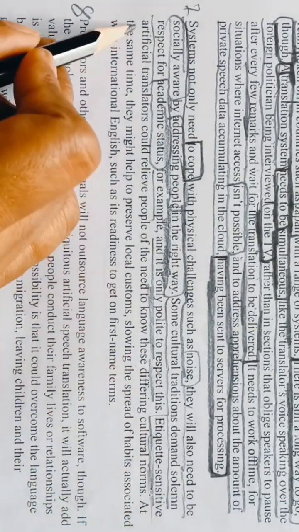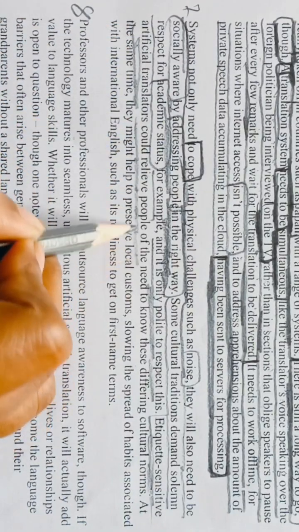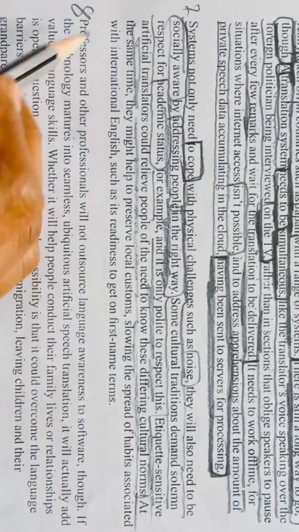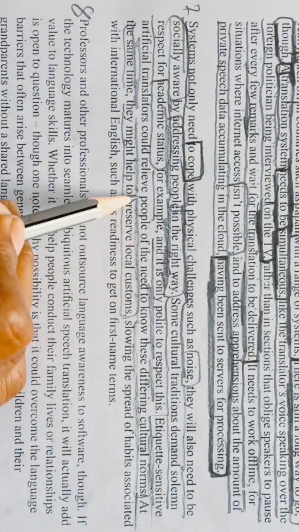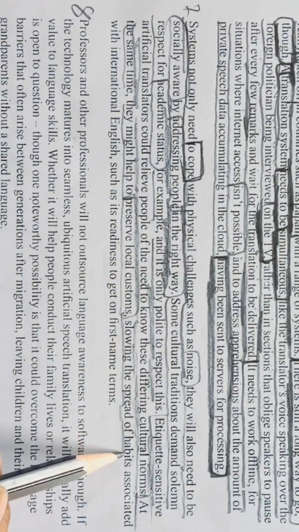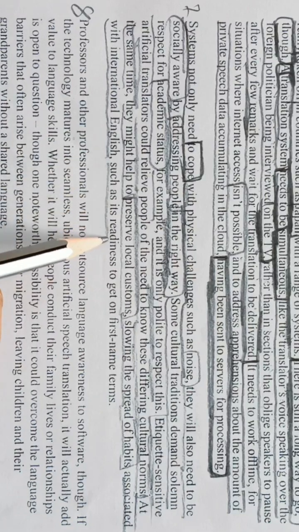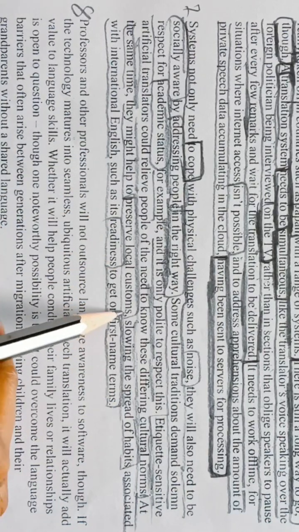Adequately sensitive artificial translators could relieve people of the need to know these differing cultural norms. At the same time, they might help to preserve local customs, slowing the spread of habits associated with international English, such as its readiness to get on first name terms.